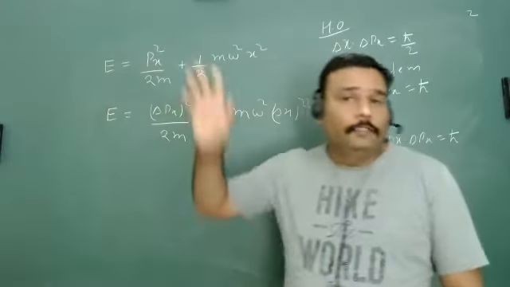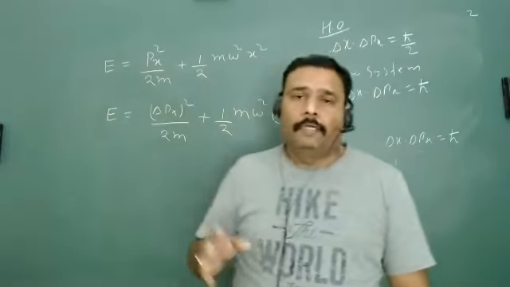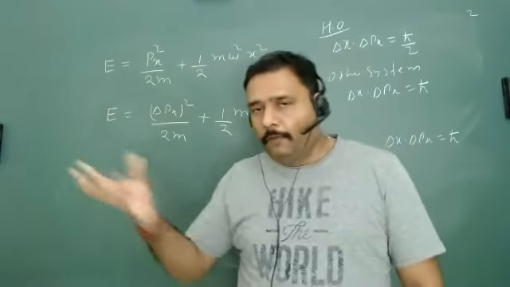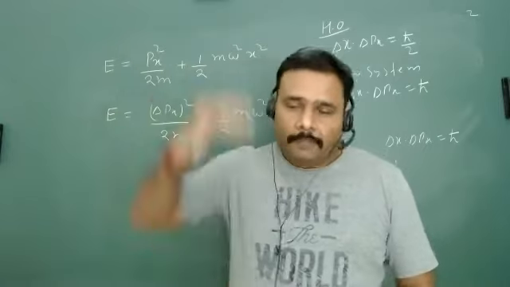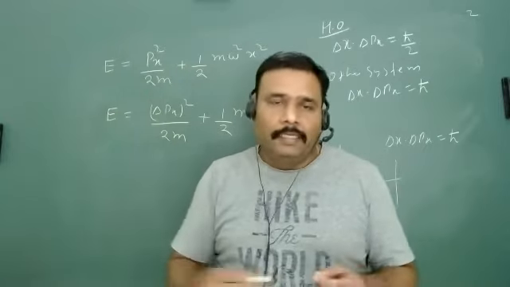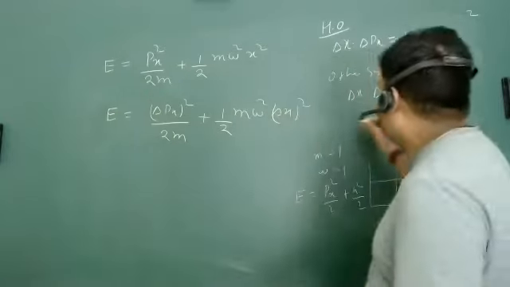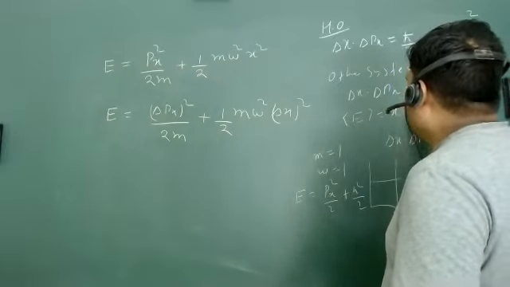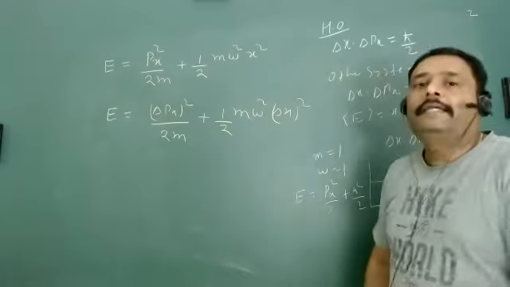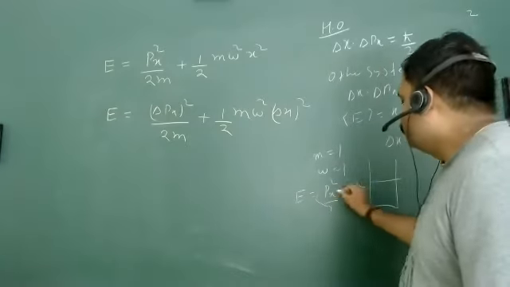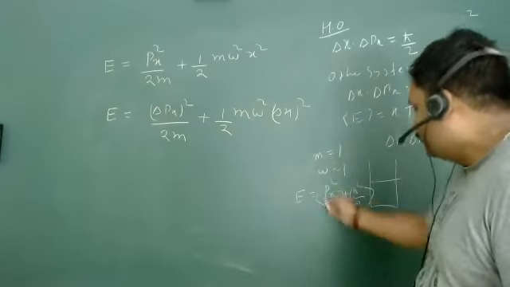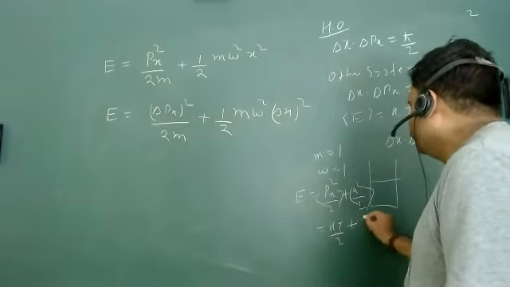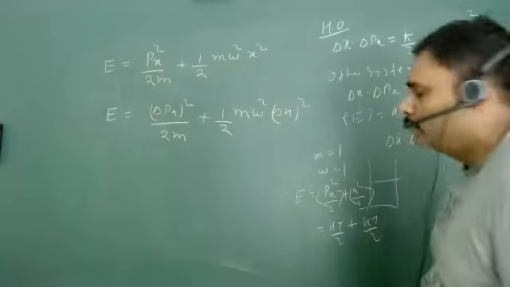If you go into the kinetic theory of gases, or statistical mechanics, at some temperature T, what will be the average energy of a harmonic oscillator? You will get kT. And how will you get kT? You get the average value of kinetic energy and the average value of potential energy. The kinetic energy will give you kT by 2, and the potential energy will also give you kT by 2.